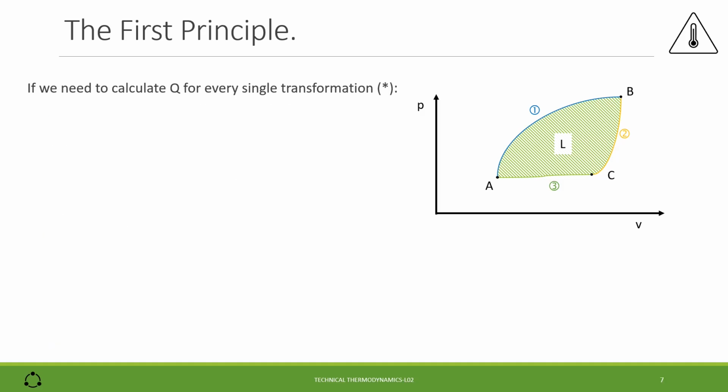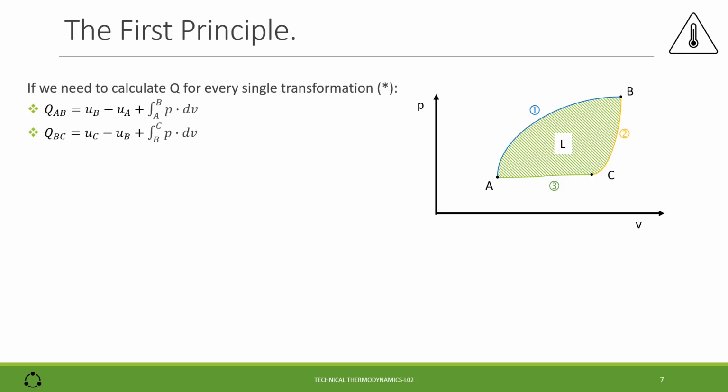In case we need to calculate the heat for every single transformation, for instance QAB, then we can use the first principle. That is the difference between the internal energy of the state B and A plus the integral from A to B of P into delta V. That is the work.